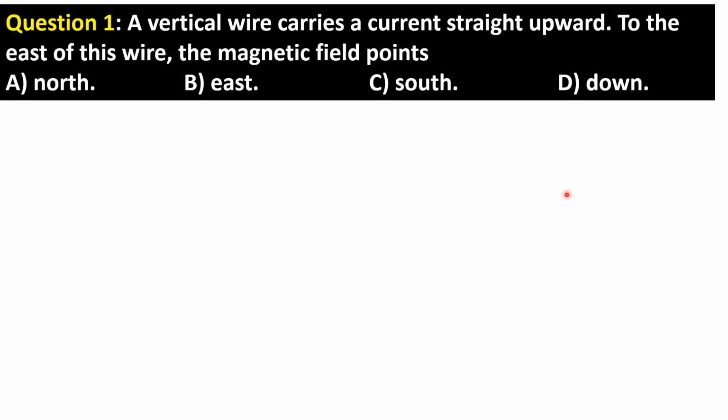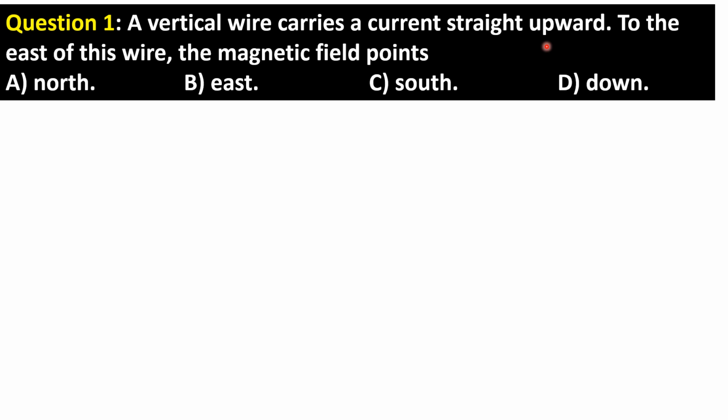All right. So obviously, the way the vertical wire is positioned is that it is perpendicular to the surface, the earth, meaning the ground.